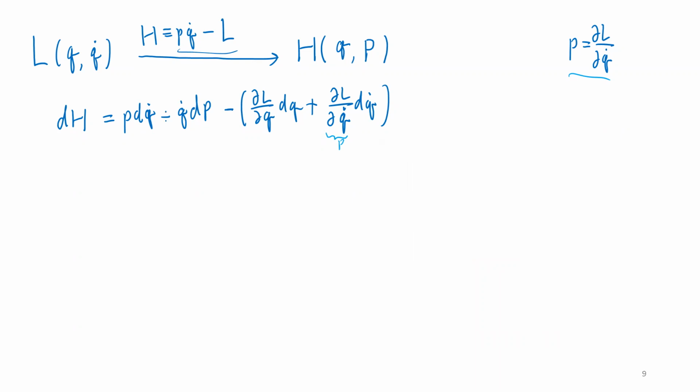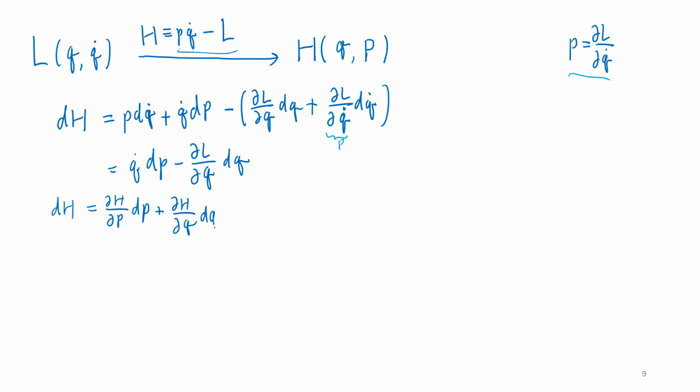Oh, sorry, this should be a plus sign here. So then at the end, this is what we have: Q dot dP minus partial L partial Q dQ. And again, if we consider the total differential of dH itself, dH is partial H partial P dP plus partial H partial Q dQ.